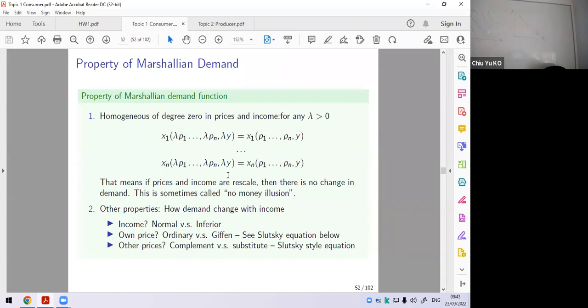That would be a problem when we're talking about a big economy. When you talk about macroeconomics, that would fail. You can imagine we talk about inflation or deflation, and recently stagflation.